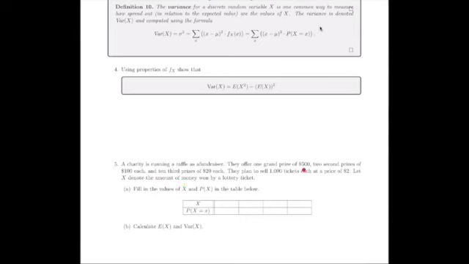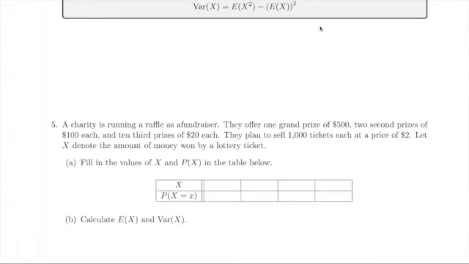You can get a $500 prize, you can get a $100 prize, or you can get a $20 prize, or perhaps you can get nothing at all. So what we'd like to set up here is what are the possible outcomes in this sample space, and then how likely are each of those outcomes to occur. So for example, here with the raffle, right, it's possible that somebody doesn't win any money.